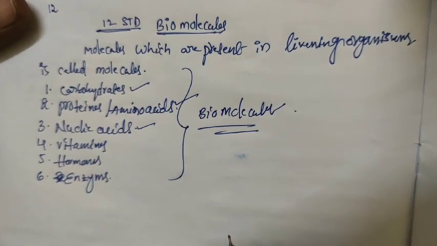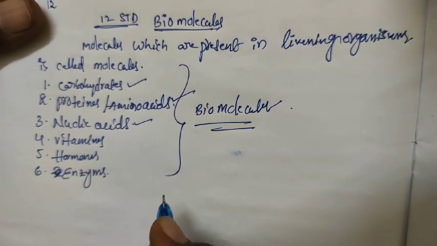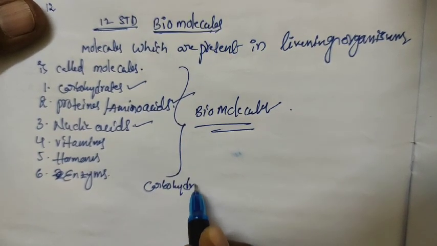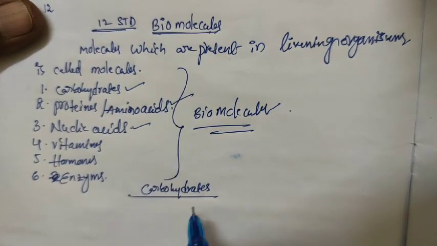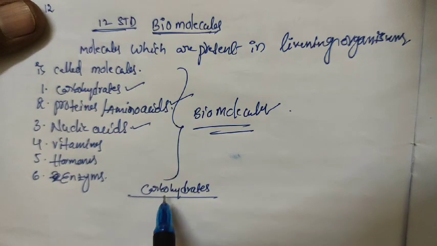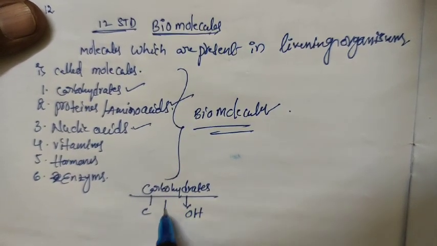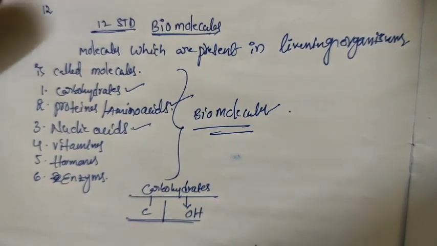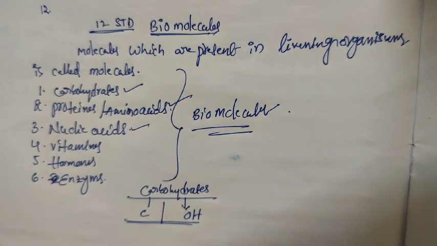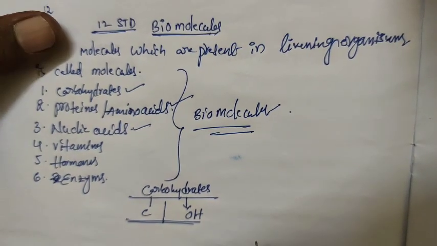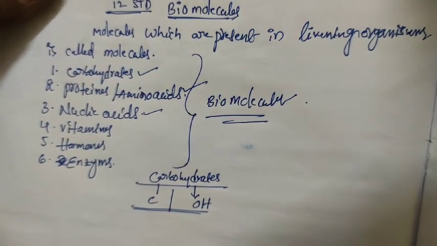So first one is carbohydrates. Here it is there in the name only. Carbo means carbon, hydrate means OH. So a compound with C and OH, do we call that a carbohydrate? No, we don't call it like that.